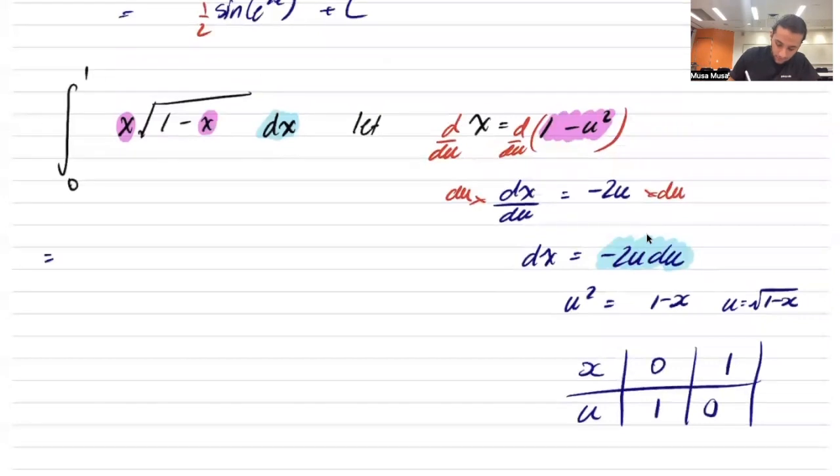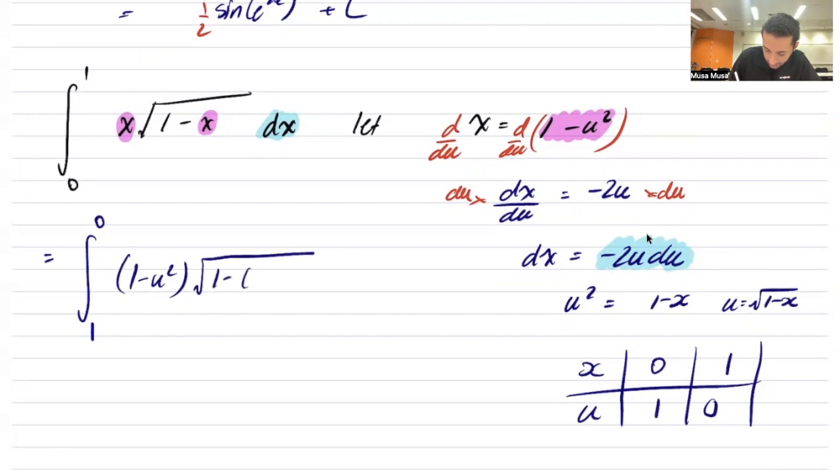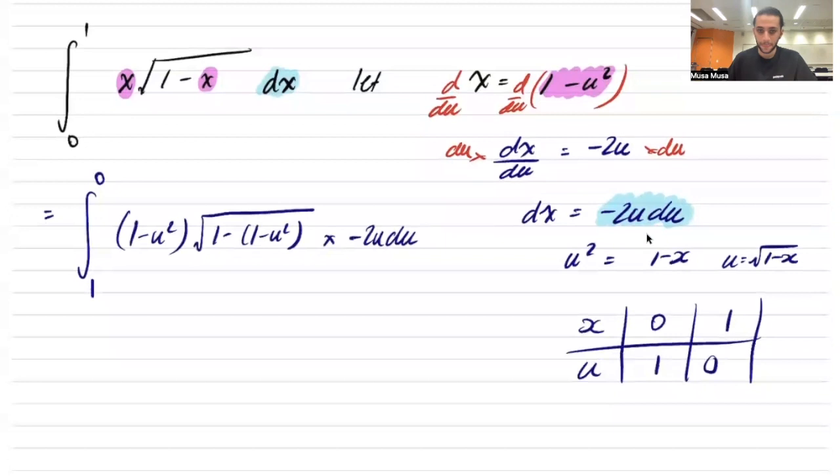So my integral is now going to be 1 to 0. The x is, where is the x? 1 minus u squared. It's the square root of 1 minus u squared. And then the dx is going to get replaced with minus 2u du. Okay.